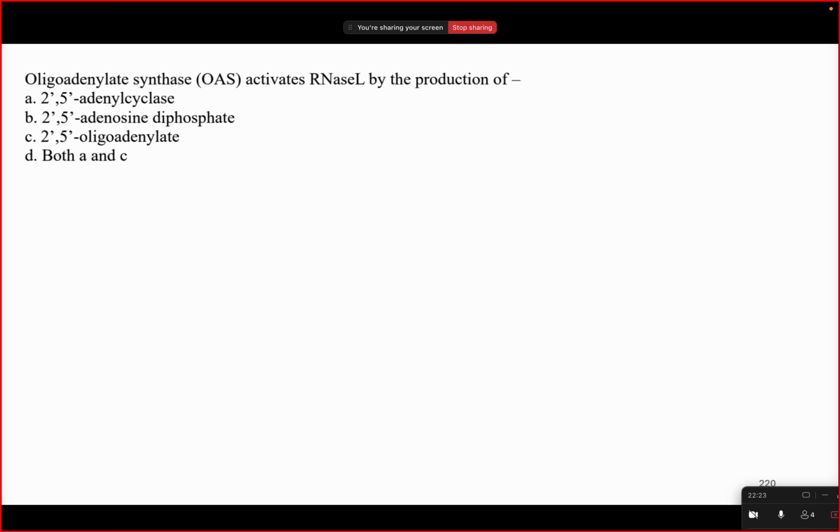So oligoadenylate synthase, that is OAS, activates RNase L by the production of this. If you have gone through the lectures, you can easily answer this question. You have 20 to 30 seconds, I guess.